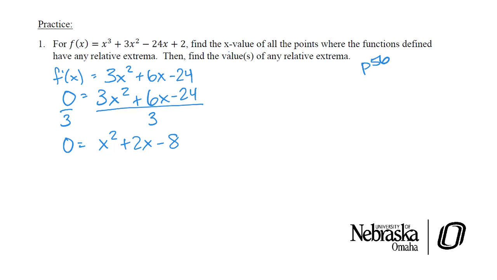Remember, we found our critical points by finding the derivative, setting the derivative equal to 0, and now we have to solve for x. So you'll get 0 equals x plus 4 times x minus 2. 4 times negative 2 is negative 8, and then 4x minus 2x is positive 2x. So our potential critical points are negative 4 and 2.